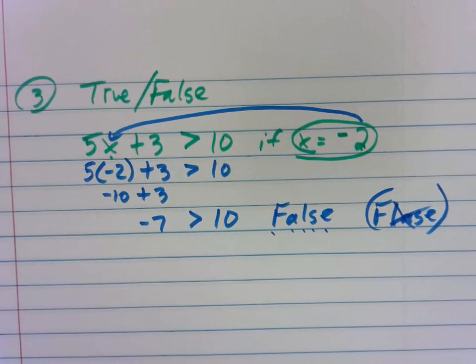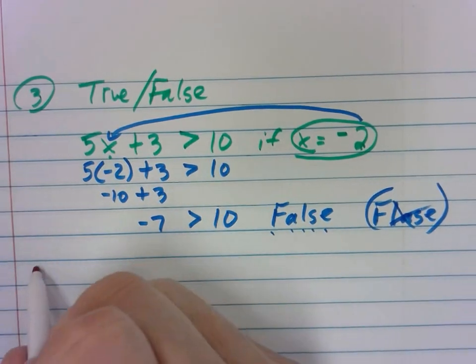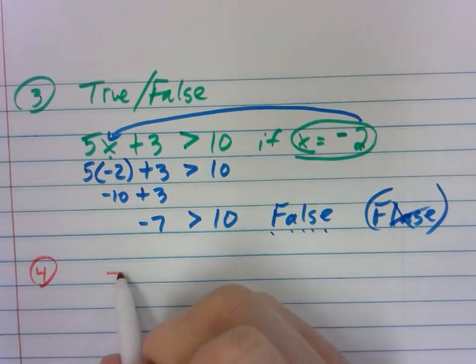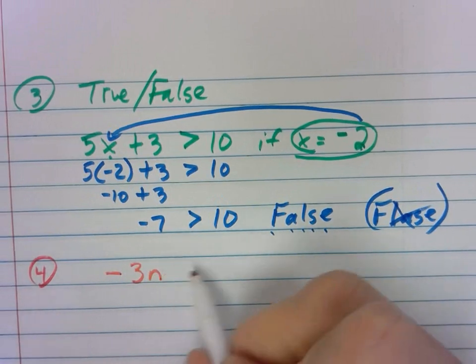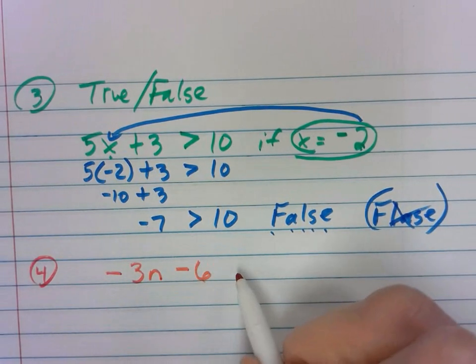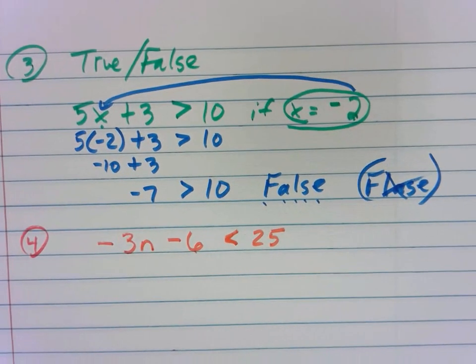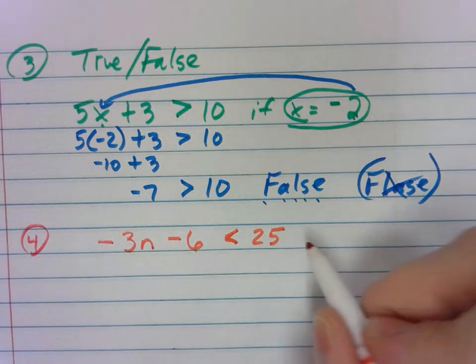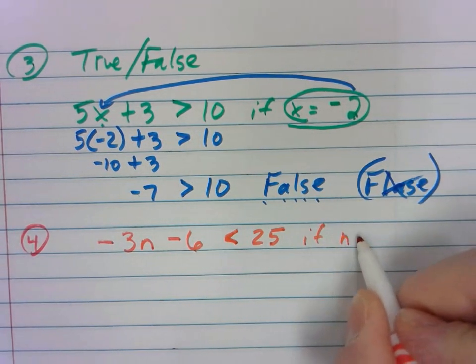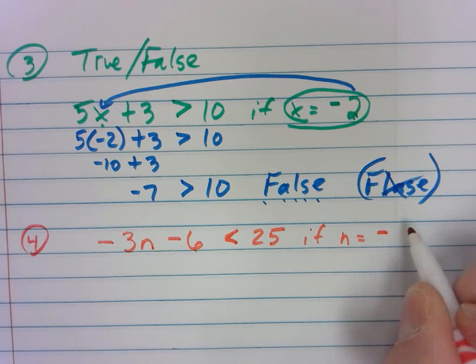All right, let's try another one. True or false? -3n minus 6 is less than 25 if n equals -5.